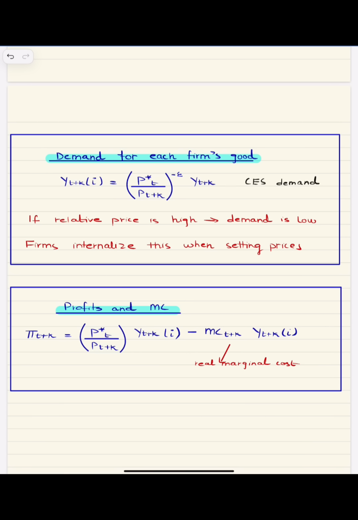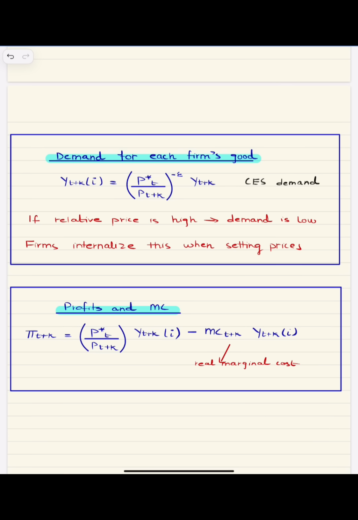Suppose there are 5 firms selling similar products, then if your price is relatively higher, the demand for your good is going to be low, even if there is some distinguishing factor between the product that you're selling, you're still going to suffer from less demand because of a higher relative price.